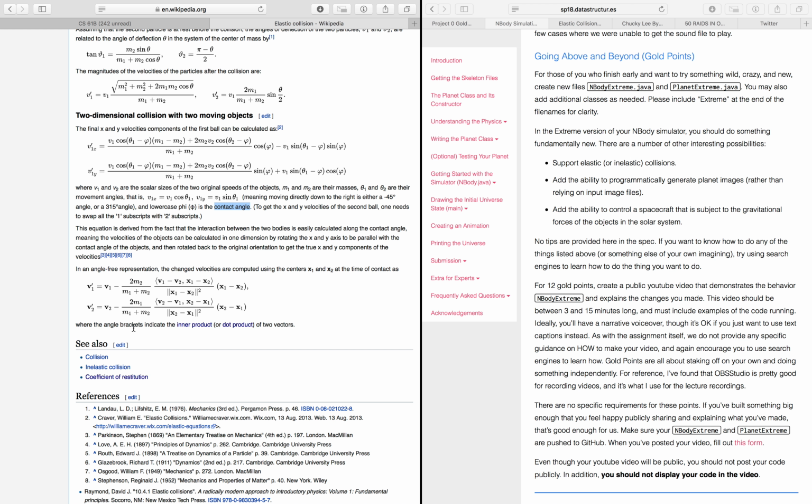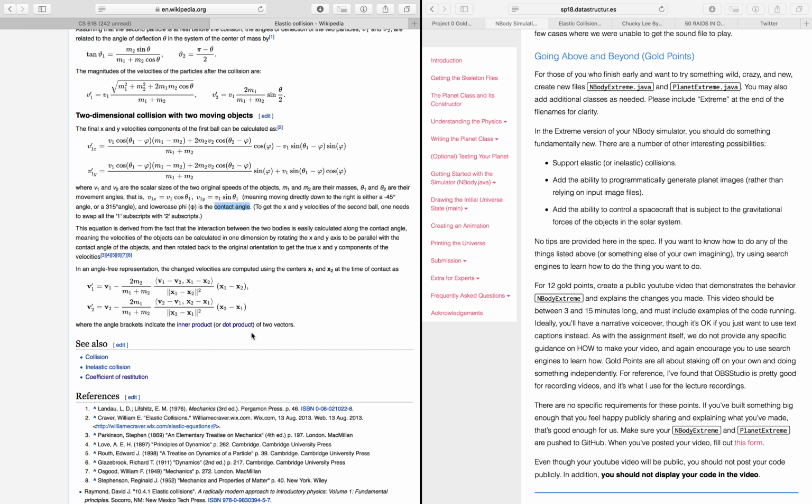everything was working. And I ran into the problem that if two planets are precisely in the same position, then this inner product would be the inner product of a vector with the zero vector, which to my understanding is always zero. And I don't think that's correct.